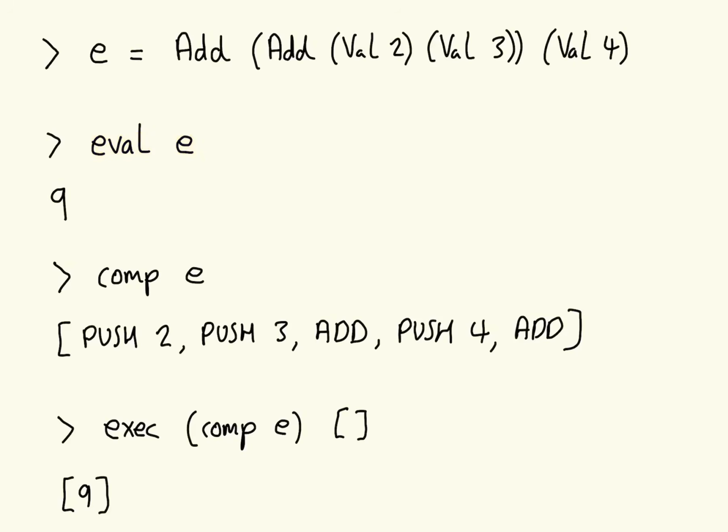And correspondingly, when we took our example and compiled it and then executed the resulting code using an empty initial stack, we also got the result value 9, but this time sitting in a little stack. So this example gives us the key to formulating what it means for our compiler to be correct.